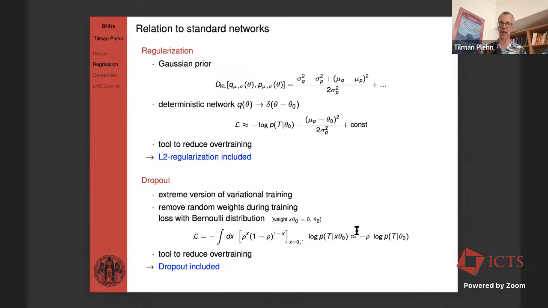So two things that our Bayesian network does. It has the likelihood loss, and it has built in two ways to avoid overtraining, which are established in the machine learning literature: L2 regularization and dropout. So that means the way we physicists would always want to write down a loss function for a neural network has regularization and dropout automatically included.